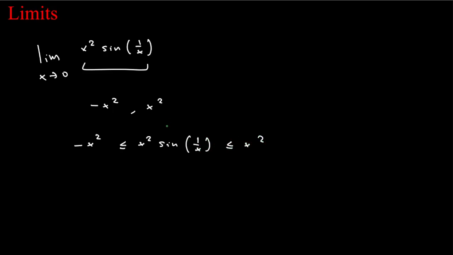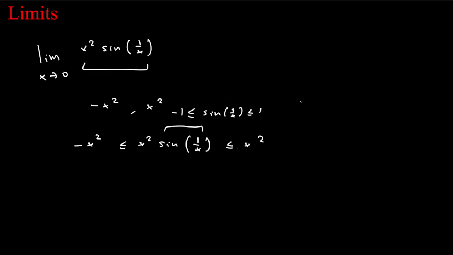Well, we know that the sine of any value takes values between -1 and 1. So the least value that we can have of sine 1 over x is -1, so it will always be greater than or equal to negative x squared. And the most value we can have is 1, so it will always be less than or equal to x squared.